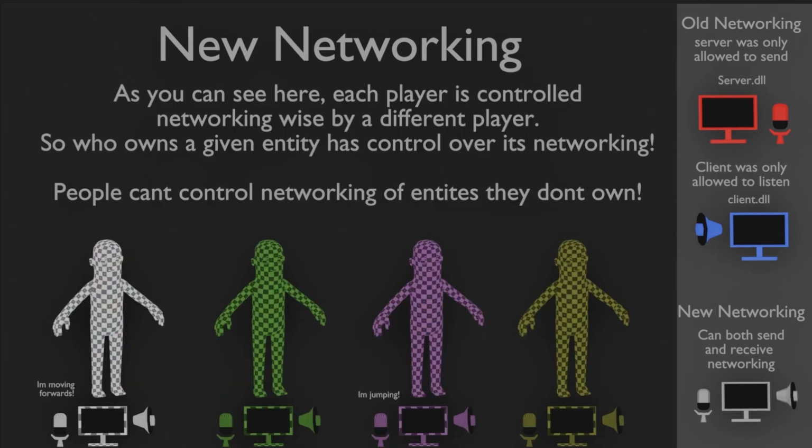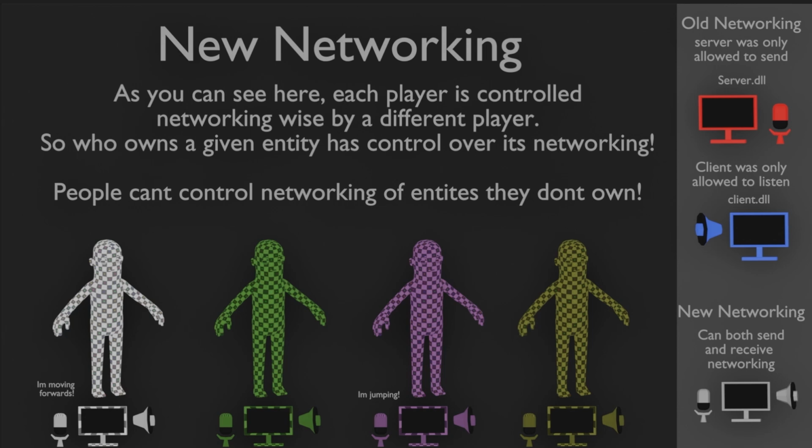You can assign ownership, networking-wise, over game objects to specific connections. At the bottom are multiple connections, be that a player host or a server. They're all the same. Above them are game objects. You'll see the white connection has a white game object above it, and that's because it owns it. So it can say, I want to move the position here. It figures out a position and networks it to everyone.